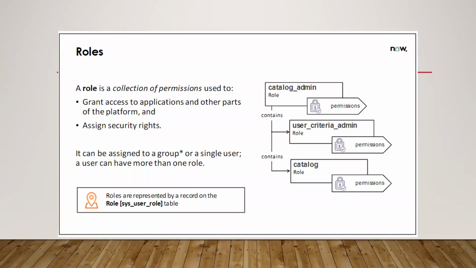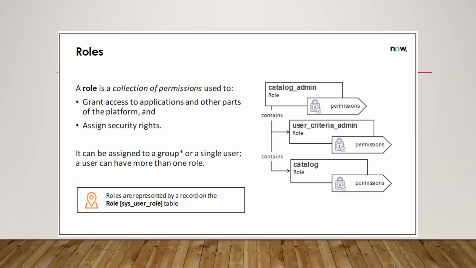Okay. So if you remember, when we talk about accessing ServiceNow, it can be done through users. You need to create a user, and then the user has to log in to the ServiceNow instance and get access to whatever application they have been assigned. Then we came to know about the concept of group yesterday.